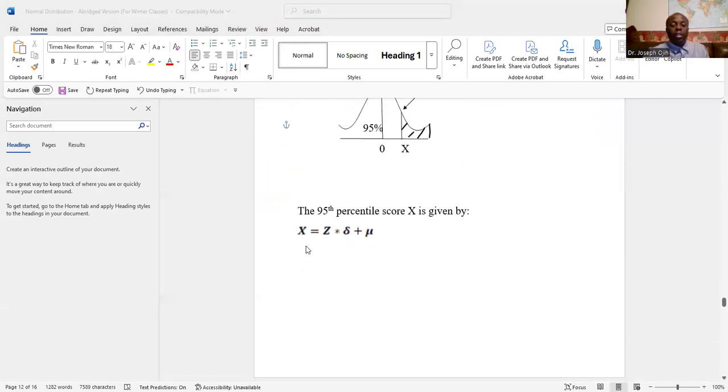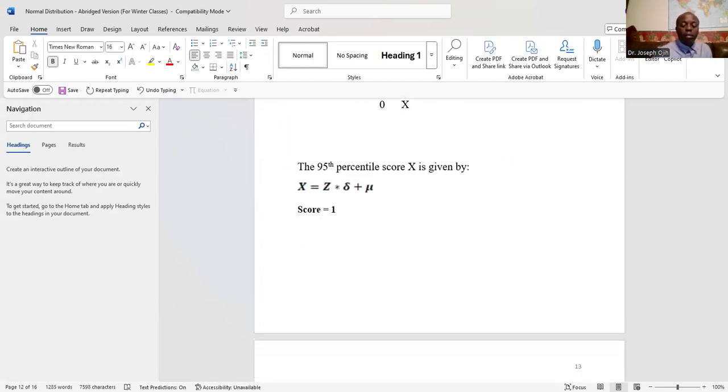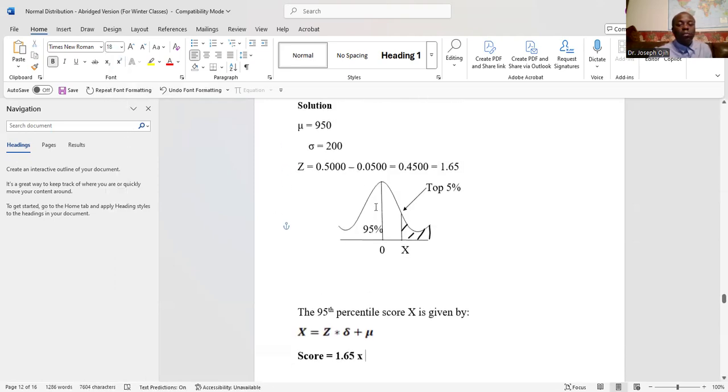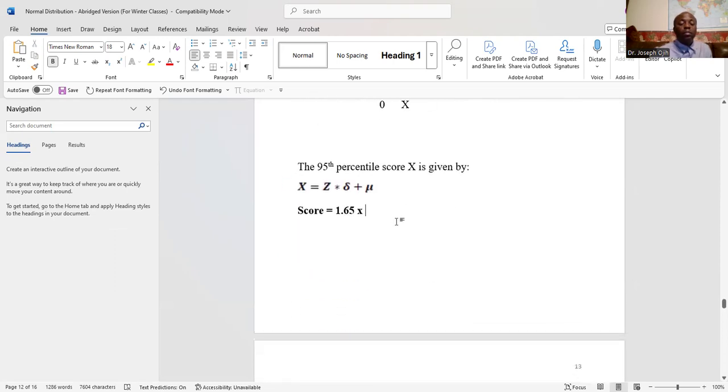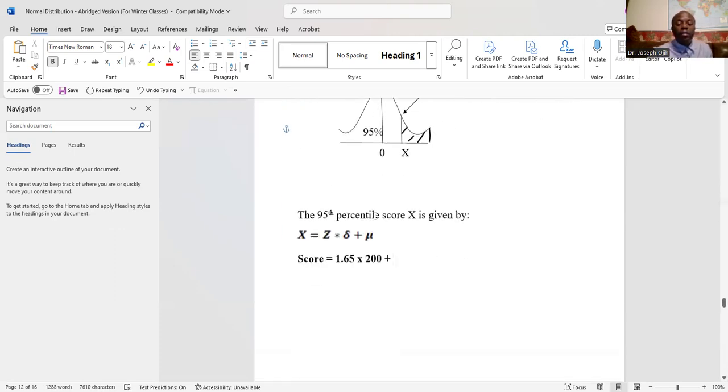The 95th percentile score X equals Z, which we got as 1.65, times the standard deviation of 200, plus the mean of 950.